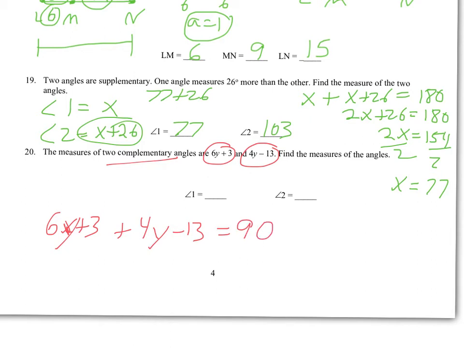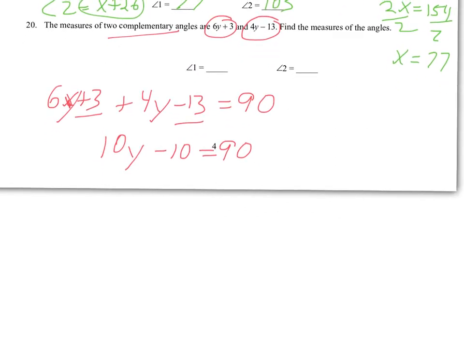Combine like terms and solve for y. 10y, 3 minus 13 is going to equal negative 10, equals 90. Add 10 to both sides. 10y equals 100. Divide by 10, and y equals 10.